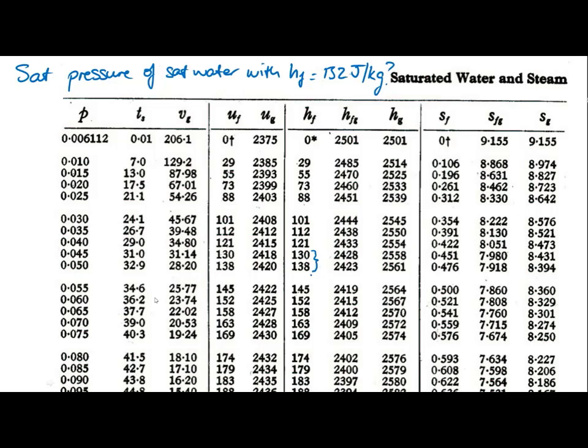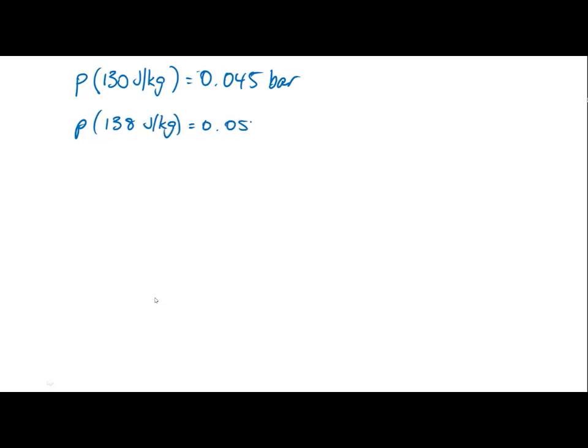We can see that 132 sits between 130 and 138, so our saturation pressure will be between those two values. The saturation pressure of water with an enthalpy of 130 joules per kilogram is 0.045 bar, and for 138 joules per kilogram it is 0.050 bar.